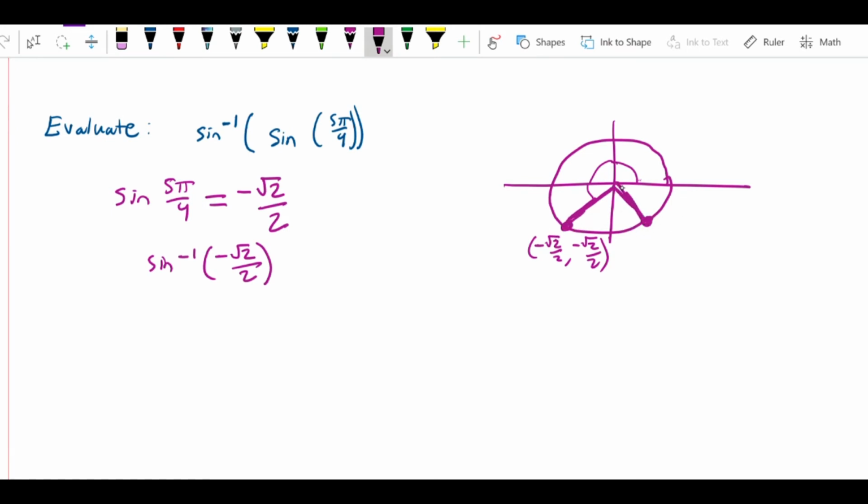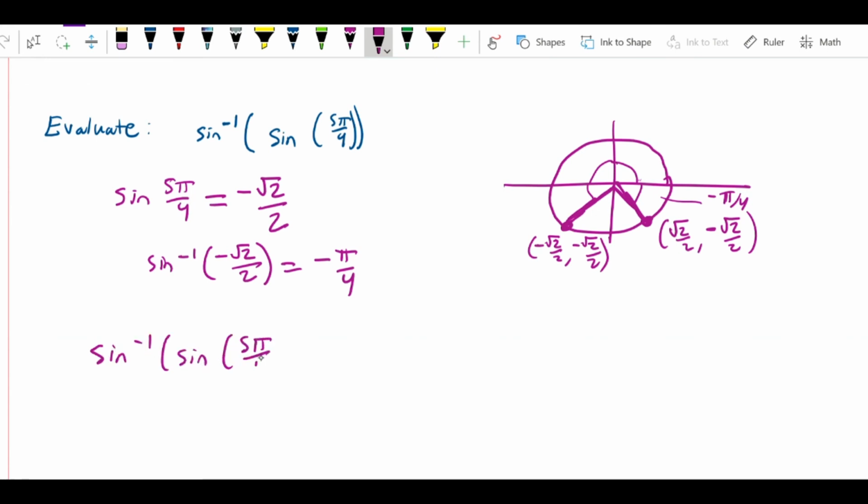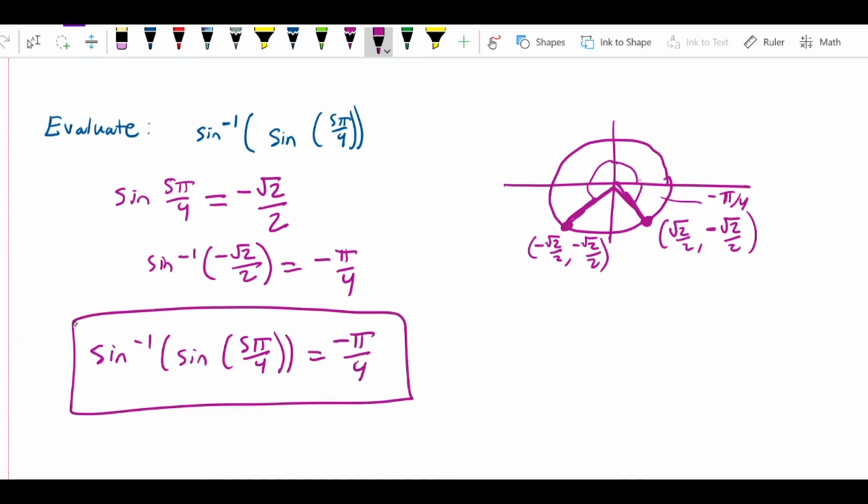So we're looking for this point, and again, just from knowing the unit circle, we know that this is going to be positive root 2 over 2, because we're now on the positive x-axis side, and negative root 2 over 2, because we're on the negative y-axis side, and this angle is negative pi over 4. So this is negative pi over 4. That's how we end up with the equation arcsine of the sine of 5 pi over 4 equals negative pi over 4, because it matters whether the angle that we're given is in the correct interval or not, and you always have to keep that in mind when you're solving these types of problems.